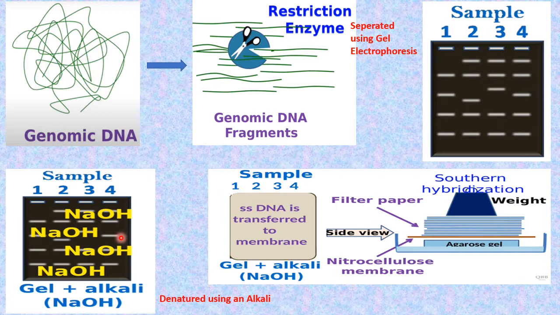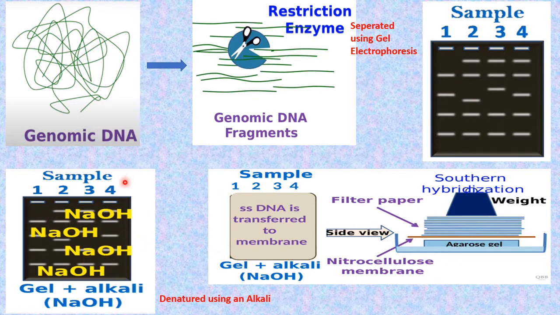Denaturing of DNA means we are separating the two strands of the DNA molecule by breaking up the hydrogen bonds by changing the pH of the solution in which this gel is placed.